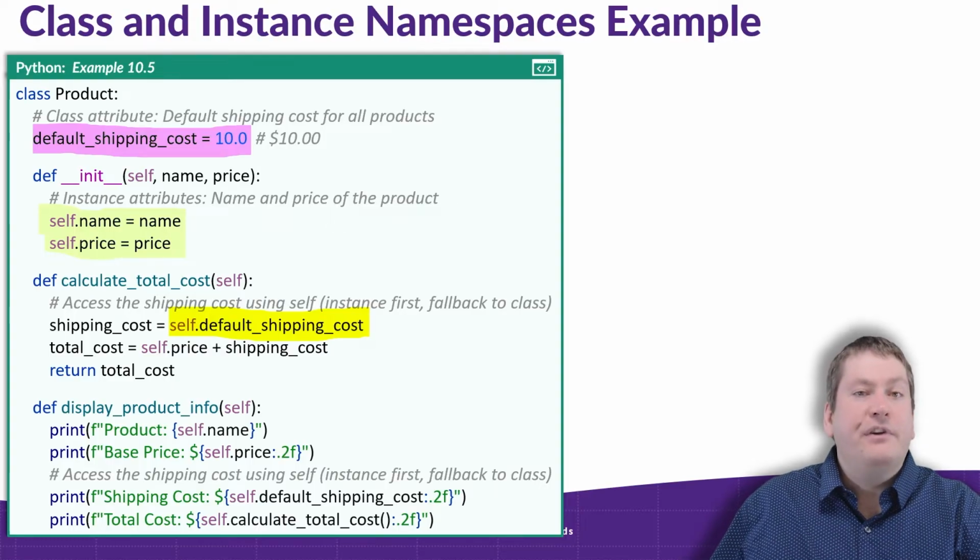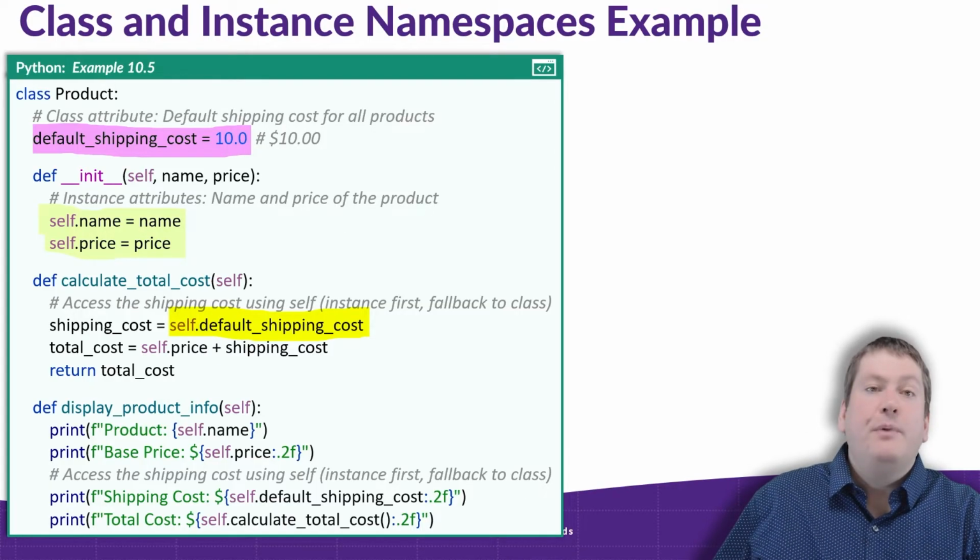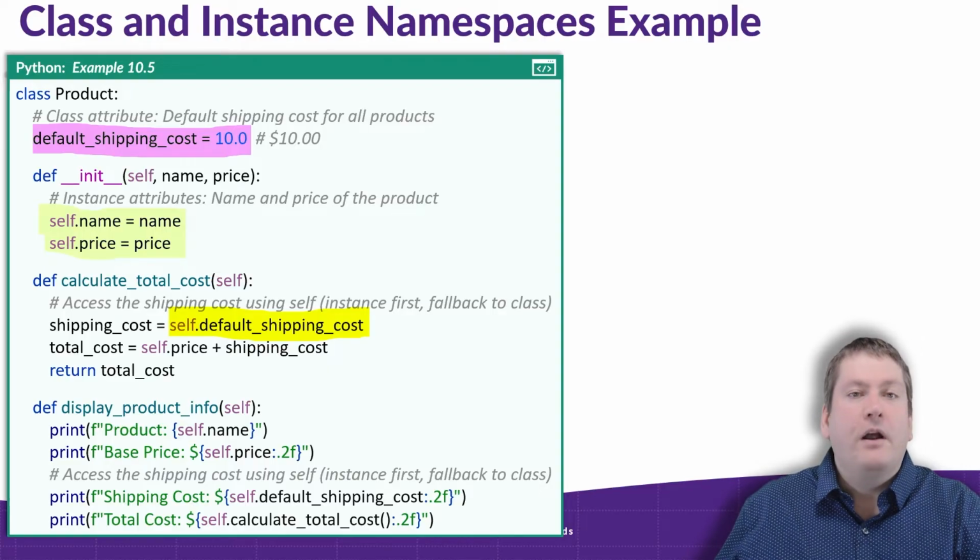This means that we're first going to check that namespace for instance attributes. We won't find it because we never define a default shipping cost instance attribute. So then we fall back on looking for a class attribute. In this case, the default shipping cost that we defined as $10. The other bit of code we have here is the display product info method.